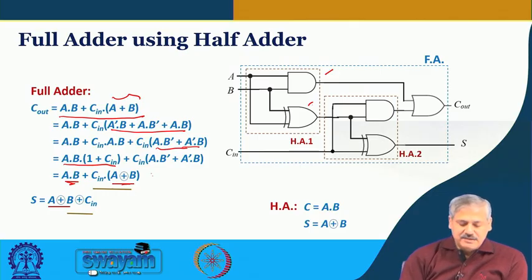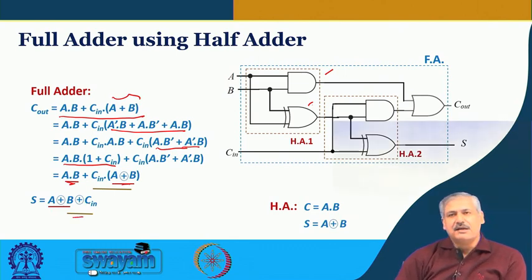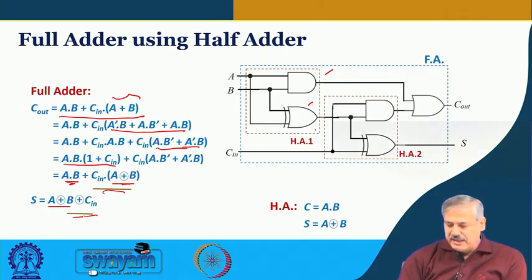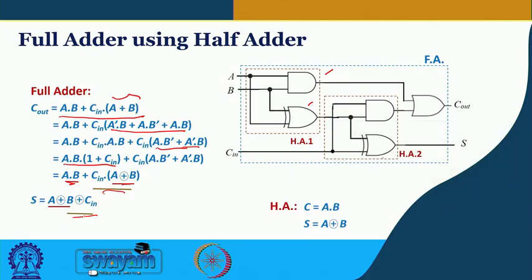And then the rest of the terms, that is A XOR B, which is already generated, is to be ANDed with C in here, and for the sum generation this A XOR B is also XORed with C in. So, this can come from another half adder block. Okay. So, this A XOR B output from the first half adder is going to another half adder, right.